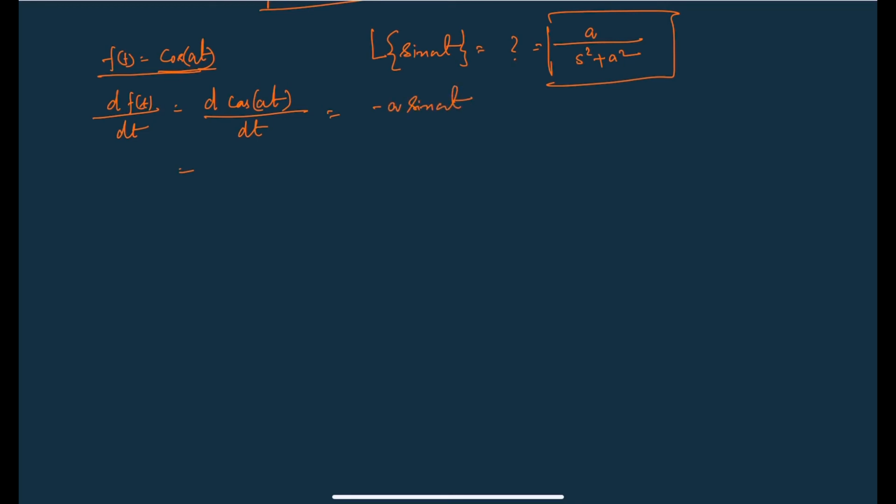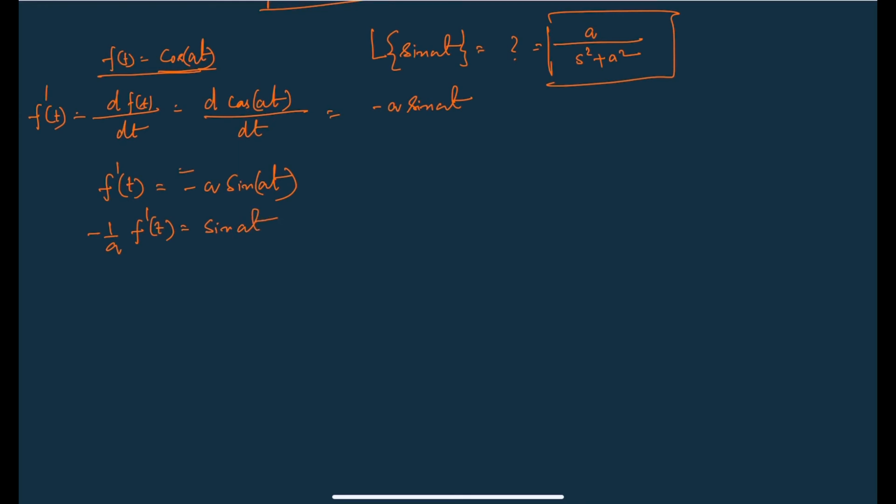This is nothing but f prime of t. So f prime of t is equal to minus a into sin a t. So minus 1 by a into f prime of t is equal to sin a t. Okay, we have found that out.